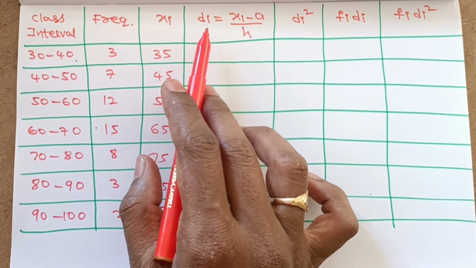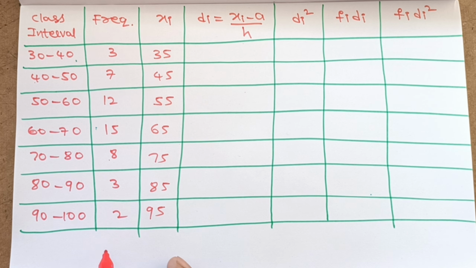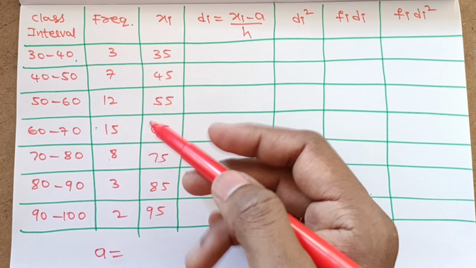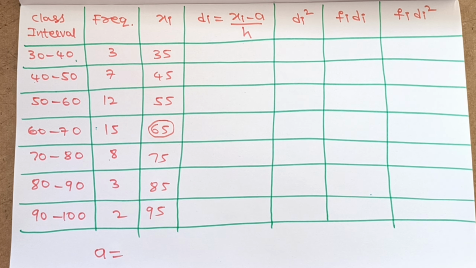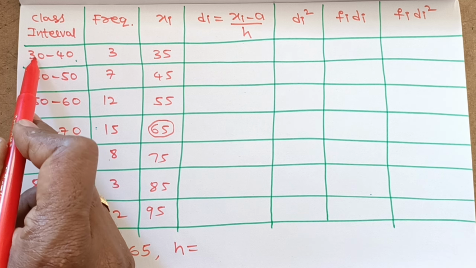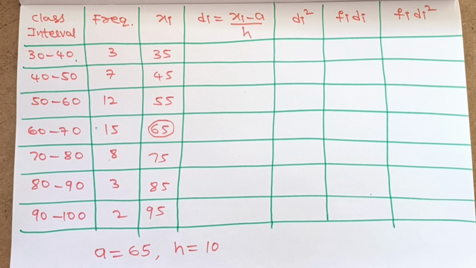Next, we find di, which is xi minus a by h. Here a is the assumed mean. You can consider any midpoint of the class interval as the assumed mean. For example, consider 65 as the assumed mean, so a is equal to 65. And h is the length of the class interval. What is the length of 30 and 40? 10. So h is equal to 10.